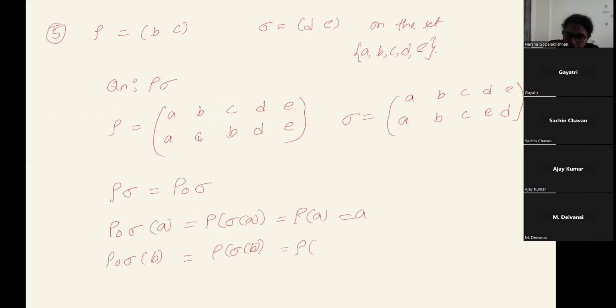Under rho, B is mapped to C. So rho of B equals C. Now, rho composite sigma of C. We can do directly: under sigma, C is going to C, and then under rho, C is going to B. So it is B.